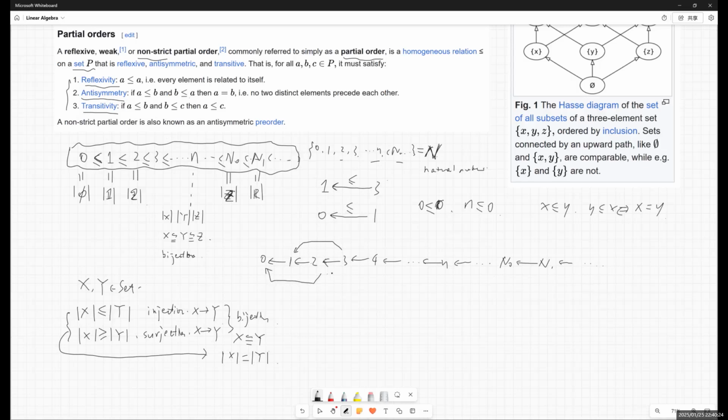So we can compose the arrows. For simplicity, usually we do not write those composite arrows. We just write the adjacent arrows.